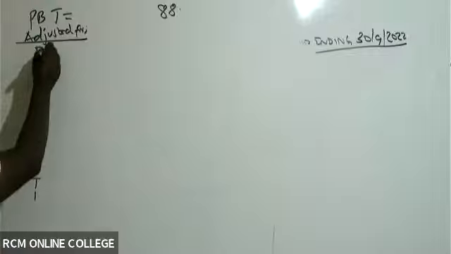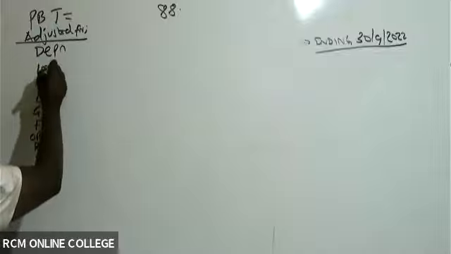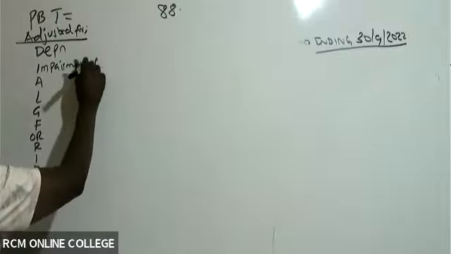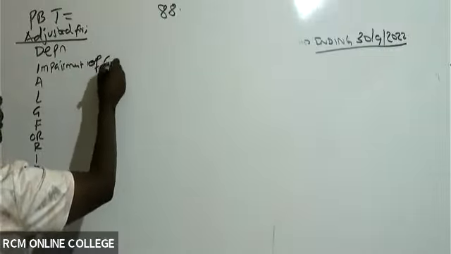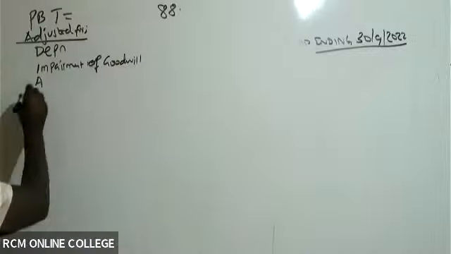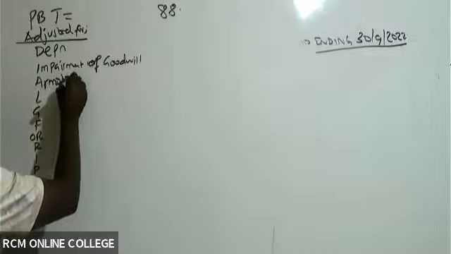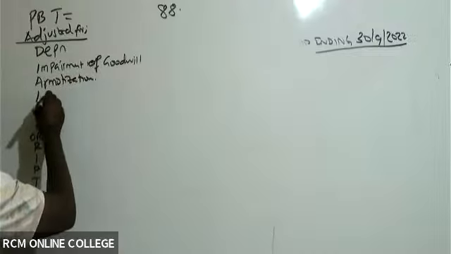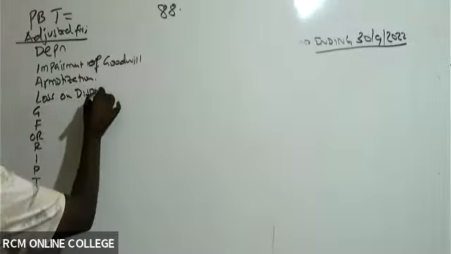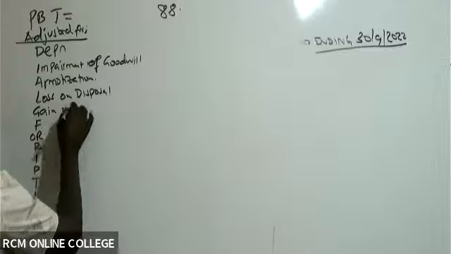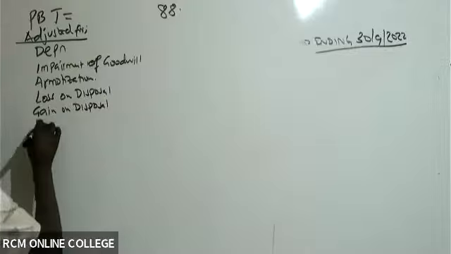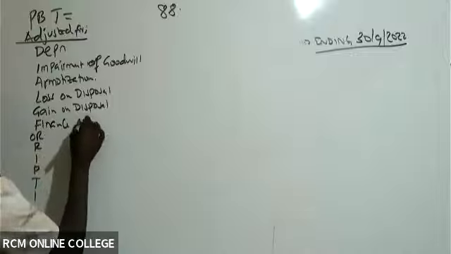So this one here is depreciation, impairment loss, but just say impairment of goodwill, no problem. Then we have amortization. We have here loss on disposal. We have gain on disposal. So we have here finance cost.